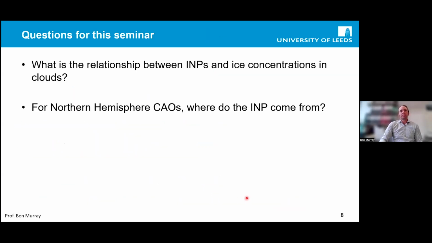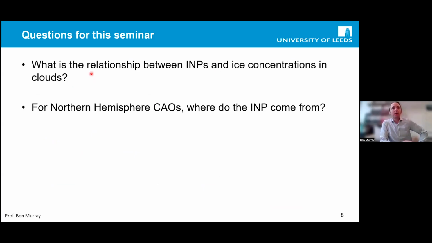So just to refine that question. What I'm going to talk about in this seminar is what is the relationship between INPs and the ice concentration in clouds? And along the way, I'm going to talk a little bit about some of our potential instrument biases or technique biases.